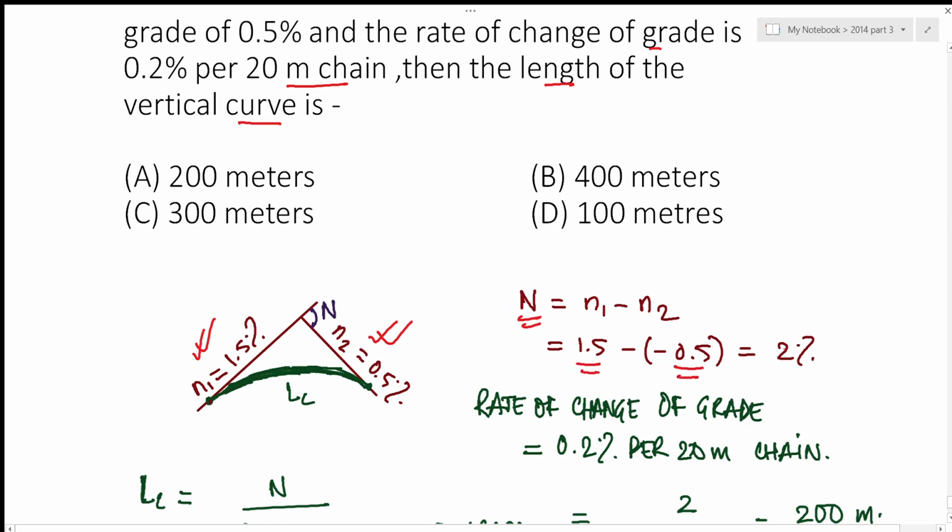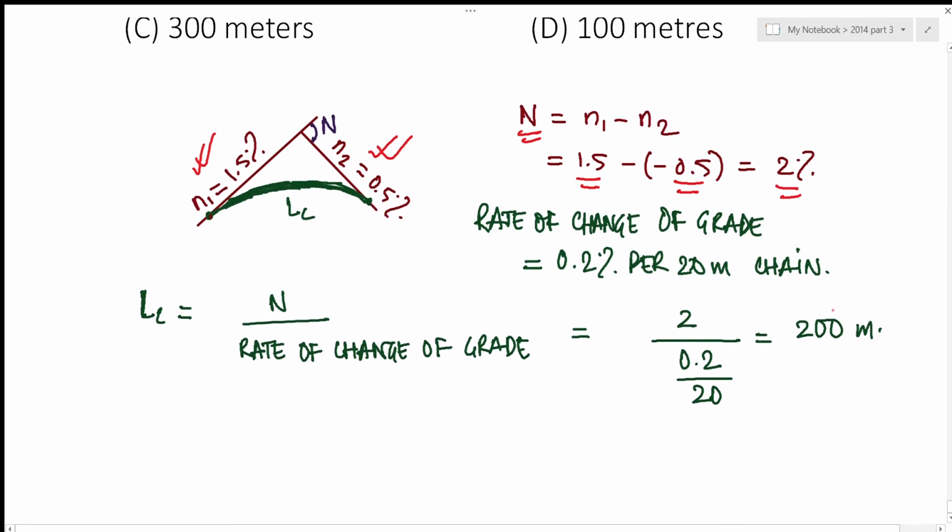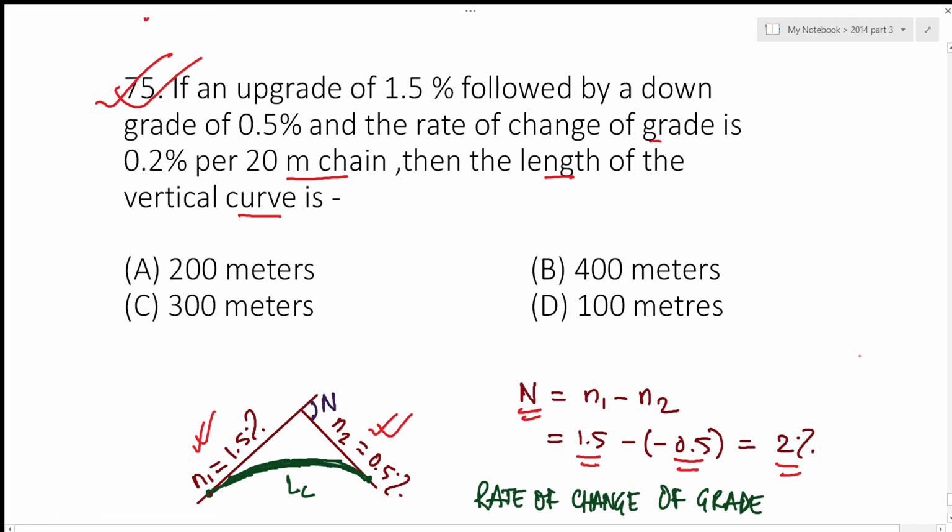So the change in gradient would be 2%, and the rate of change of grade is already given. Now the length of curve is given by change of grade by rate of change of grade, so it comes out to be 200 meters, and the answer should be A.